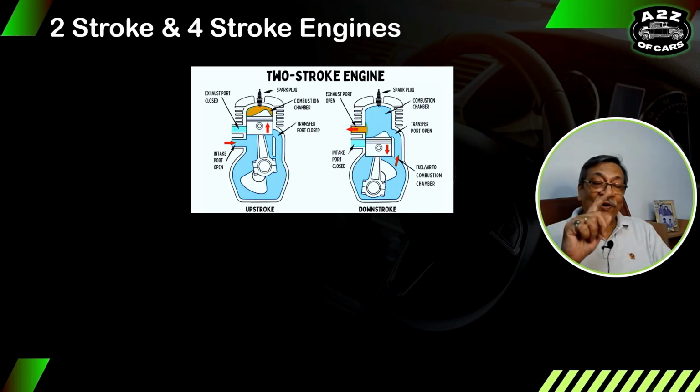Because intake and exhaust happen in one stroke and there is a compulsion of mixing oil with the fuel, this has more pollution, and that was the major reason why two-stroke engines were discontinued in most vehicles now. You don't find two-stroke engines.